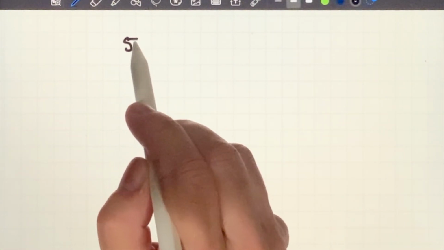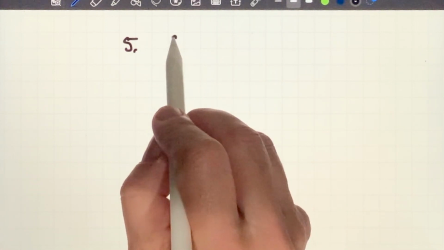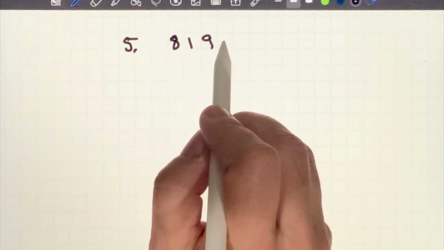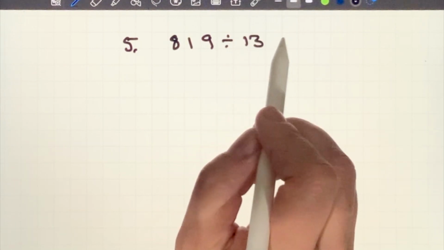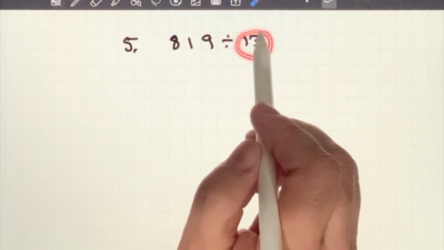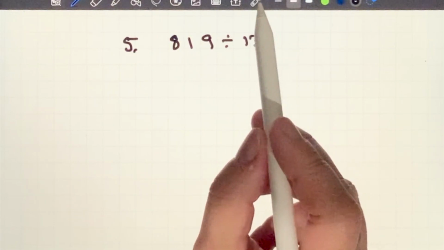And for our last example, we have been asked to divide 819 by 13. So as you can see, we're now dividing by double digits, but our strategy remains the same.